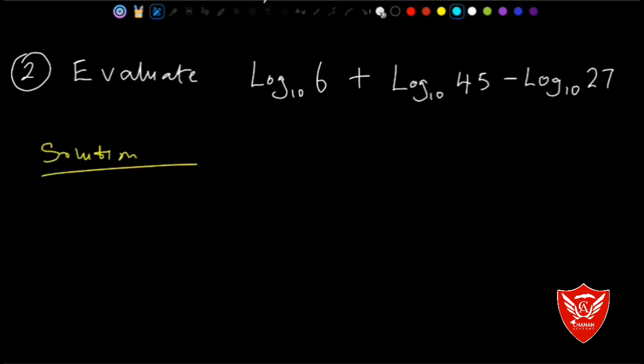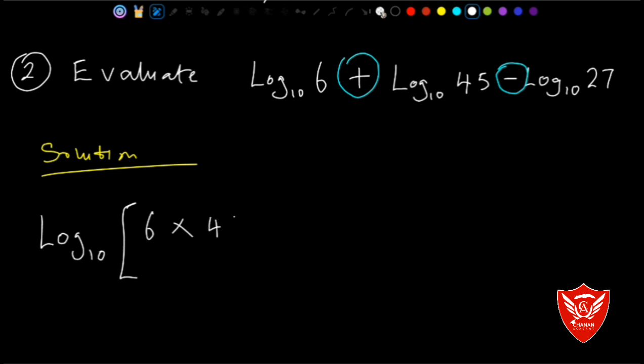Because the logs are in the same base, so we can apply the law. So if we have addition, we multiply, and if we have subtraction, we divide. So this is going to be equal to log of base 10, open our bracket, 6 multiply by 45, now divide by 27.